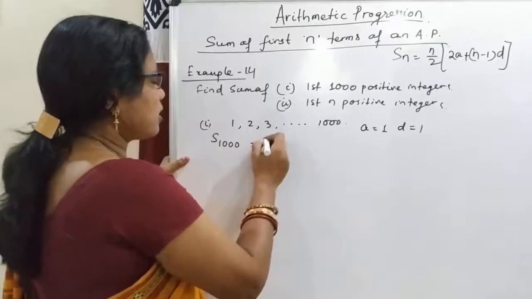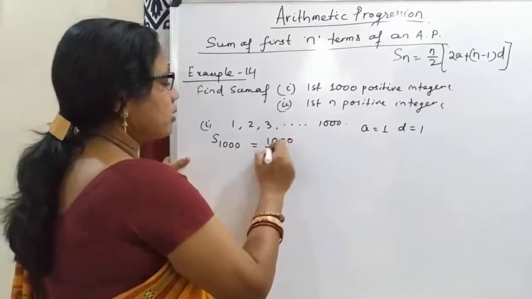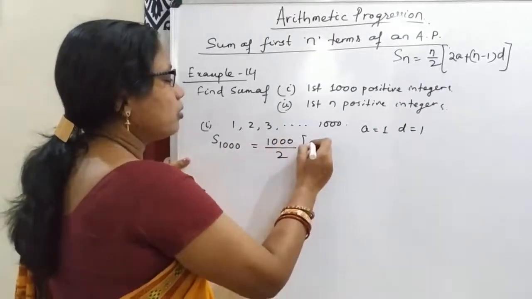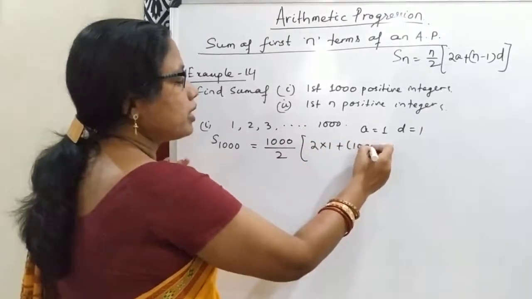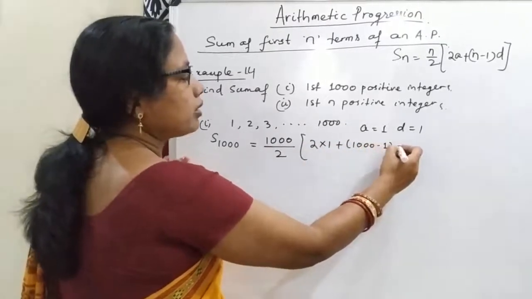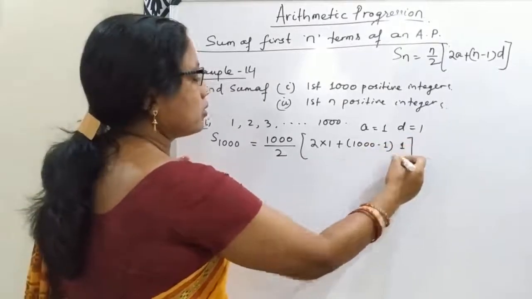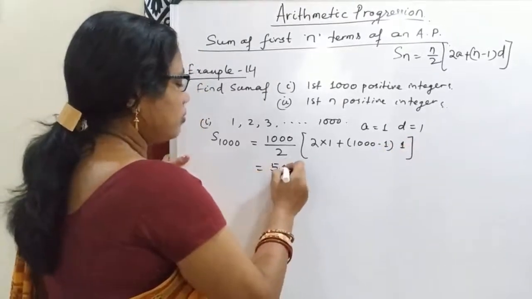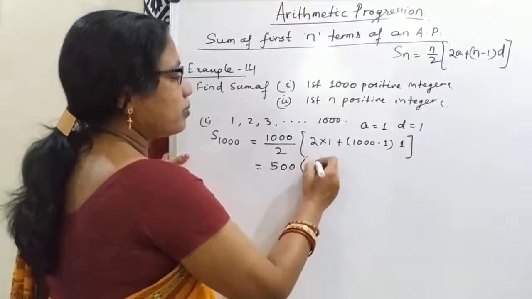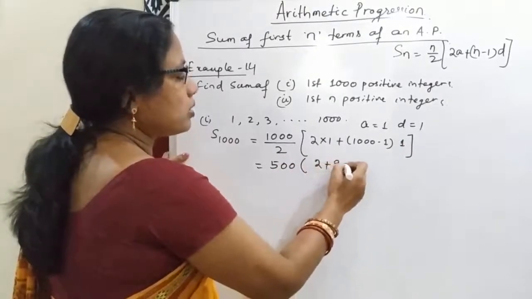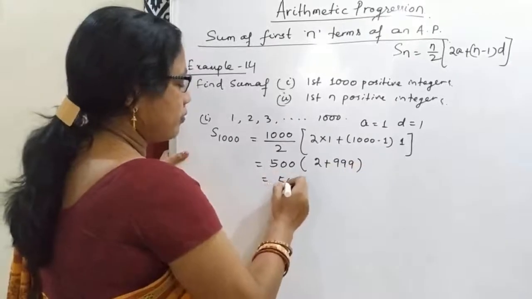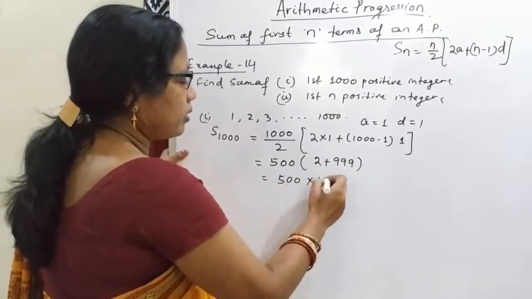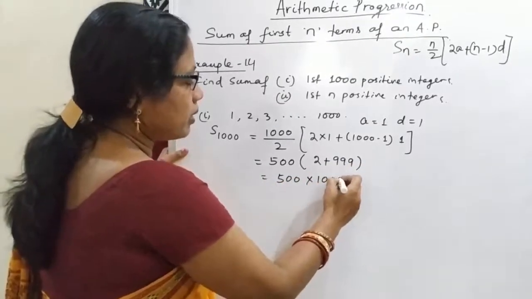So S1000 is equal to 1000 by 2 whole into 2a plus 1000 minus 1 into d. So this is equal to 500 multiplied with 2 plus 999. So this is equal to 500 multiplied with 1000.